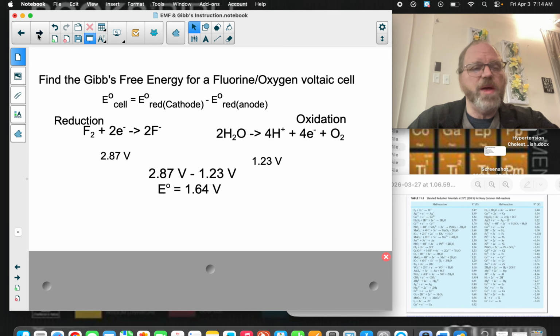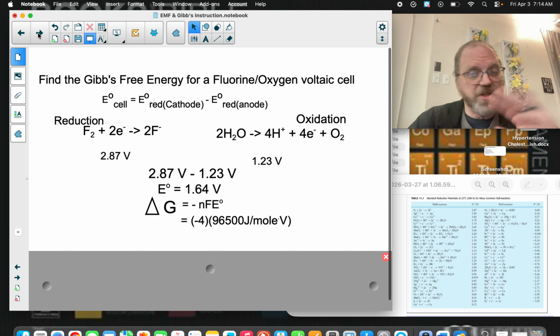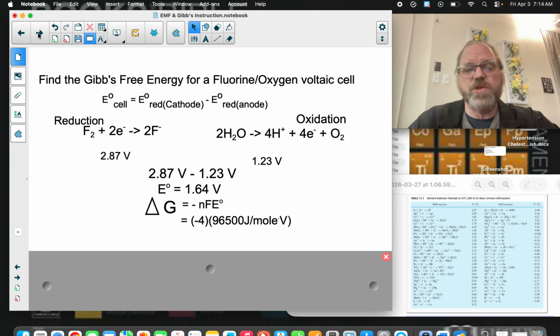All right, now, using our equation for Gibbs free energy, delta G is equal to negative nFE. If I'm losing 2 and gaining 4, the number is going to be 4, so I'm losing 4 electrons. My Faraday constant is always the same, 96,500 joules per mole volt. And my voltage we just found, the EMF, is going to be 1.64 volts.